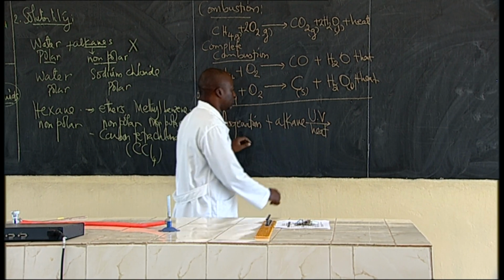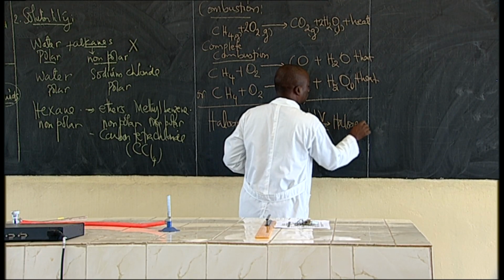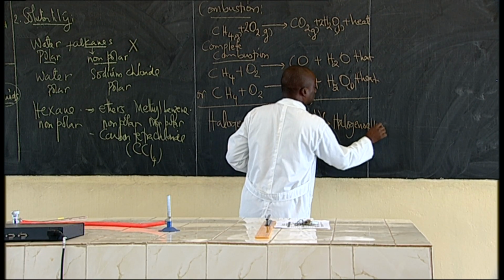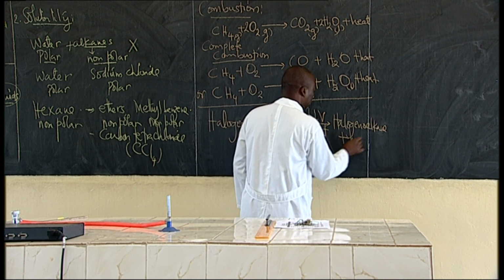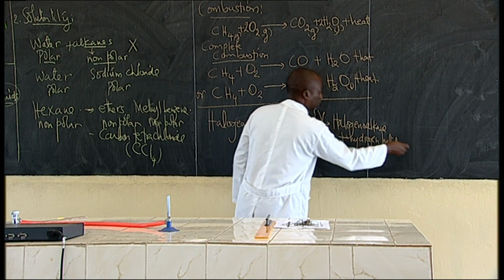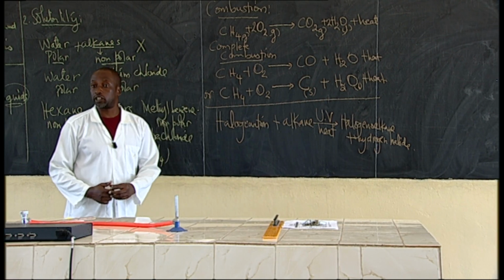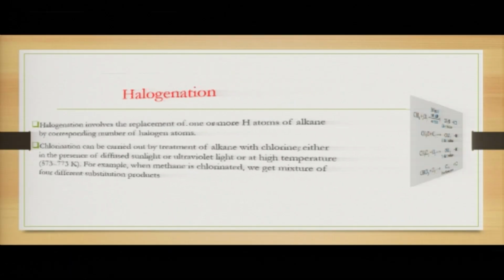And this will give a halogenoalkane plus the hydrogen halide. So that is the general name of the compounds that will be formed.